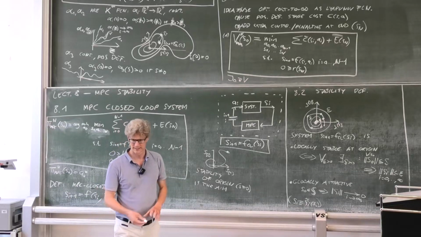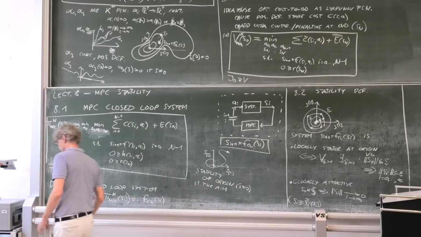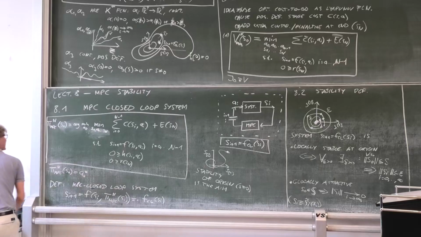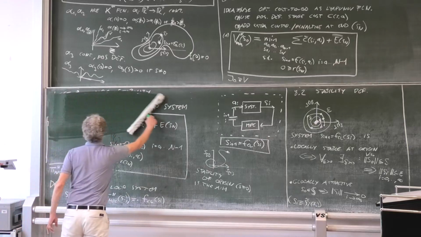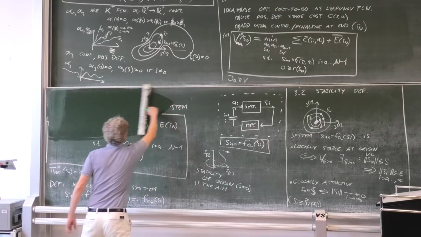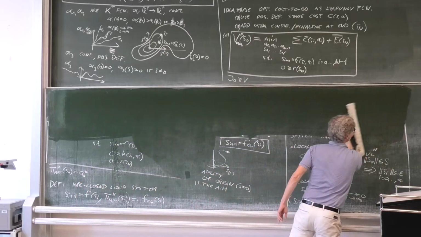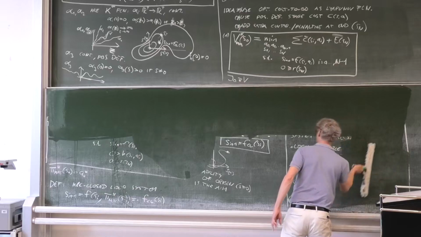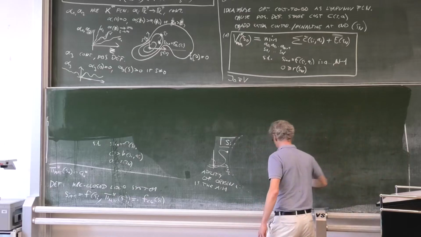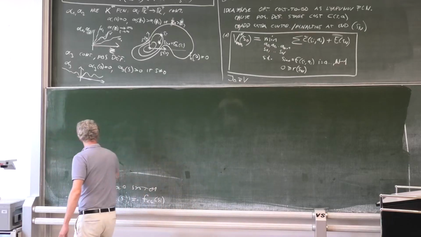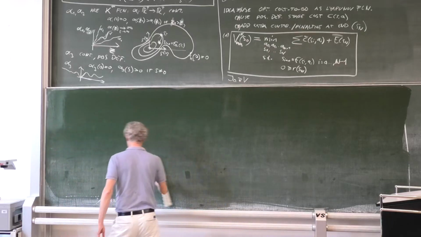But first I clean the blackboard. And for this system you can maybe already start thinking yourself what it could be. An unstable system. Any unstable system would be okay. Take maybe a half-minute break if you like to pick up a coffee.